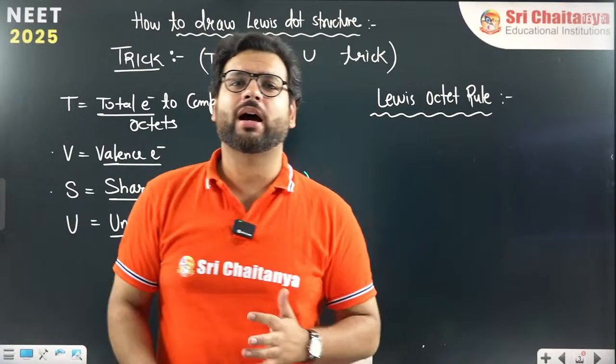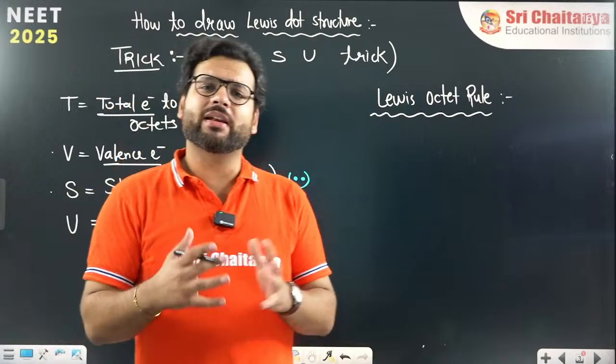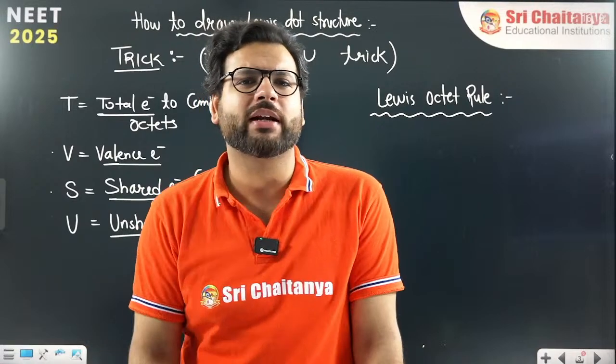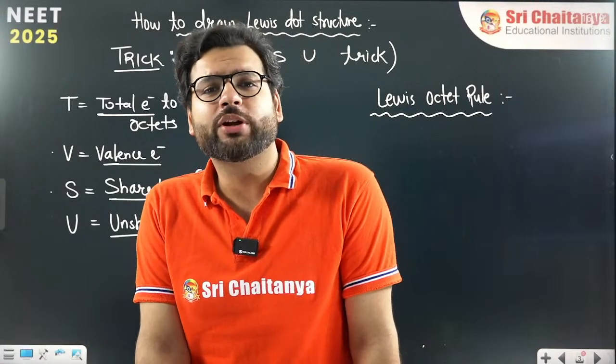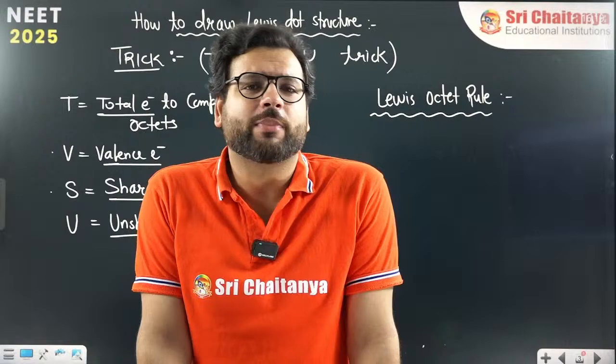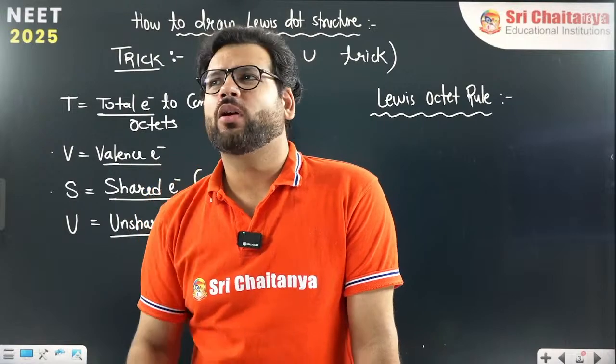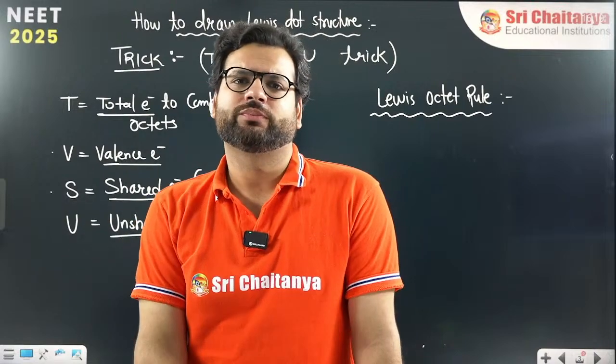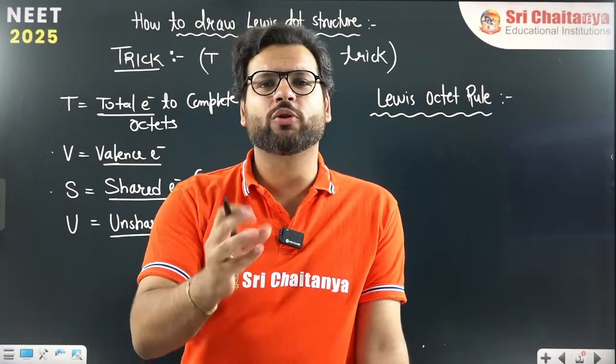Helium, neon, argon, krypton. Nowadays xenon has made some compounds, but at that point of time, no noble gas compounds were known. So everybody thought that noble gases are the most stable. Everyone wants to become a noble gas.